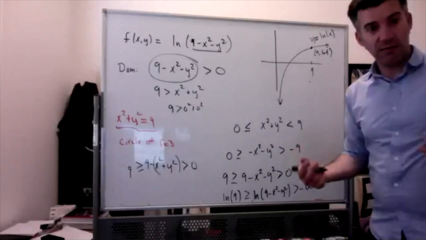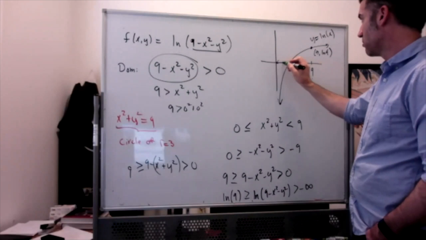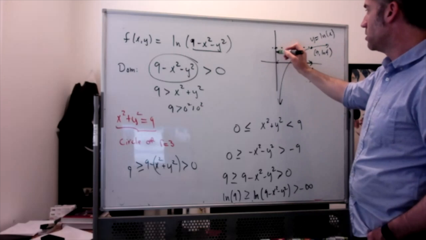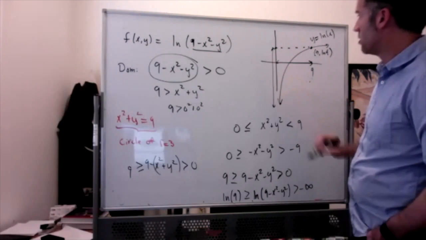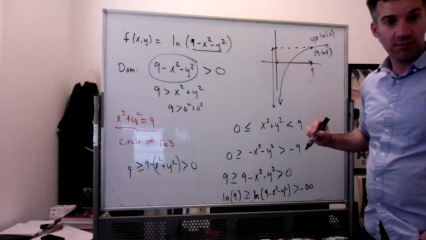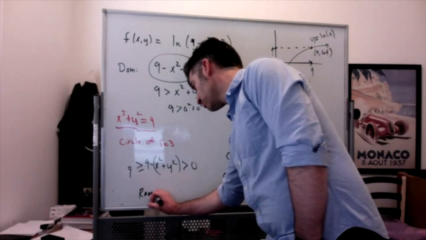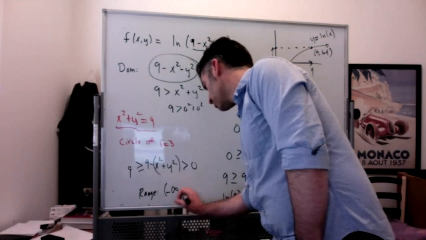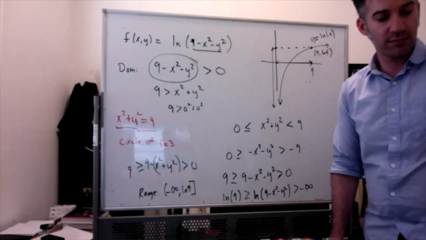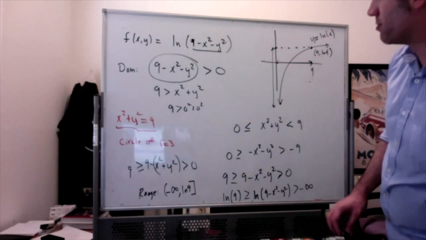So my domain, for lack of a better word, was 0 exclusive to 9. And my range is everything from -infinity up to, inclusive of, natural log of 9. So that's our range here.